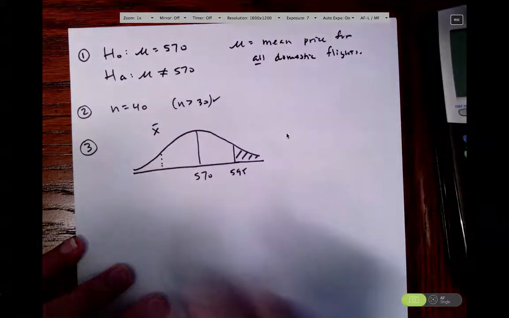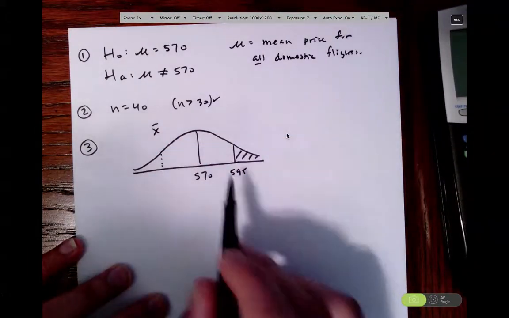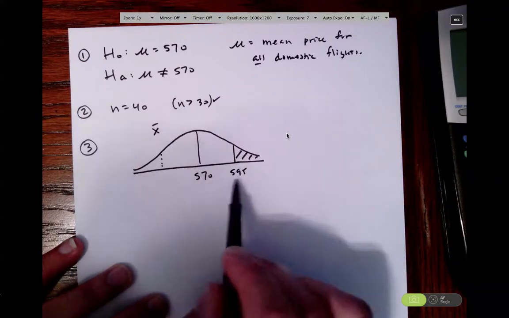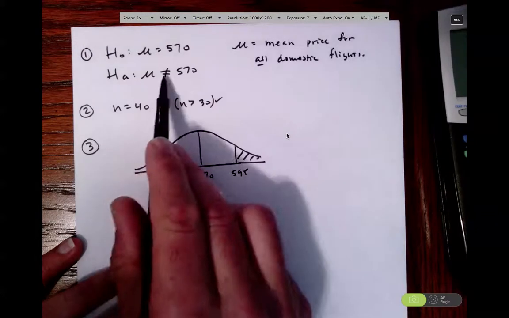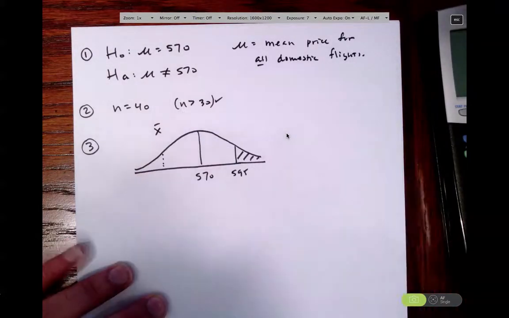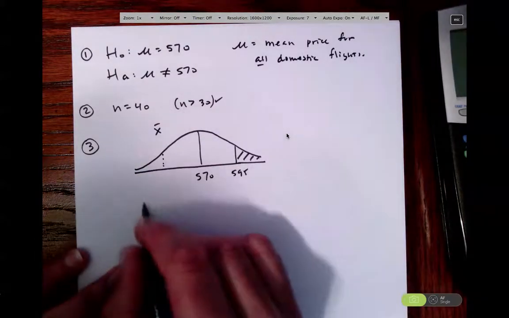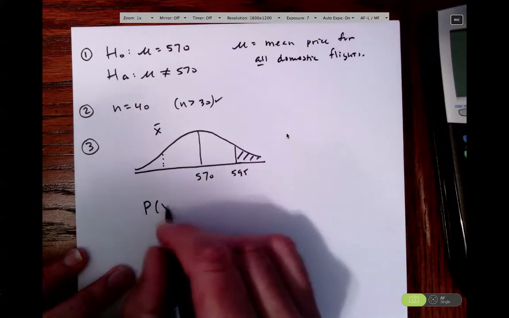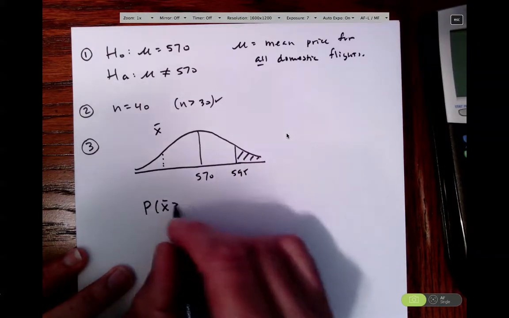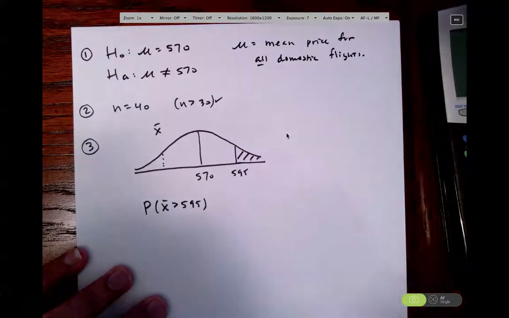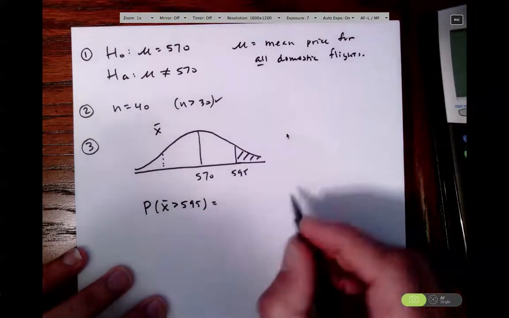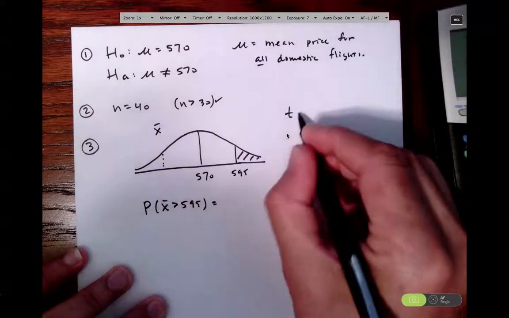Let's hold off on that for a second and say, is this 595 a lot bigger than 570? Enough to suggest that this is a true statement up here. To calculate that, we're going to look at the probability that x bar is greater than 595. In order to do that, we're going to have to use a t-distribution.